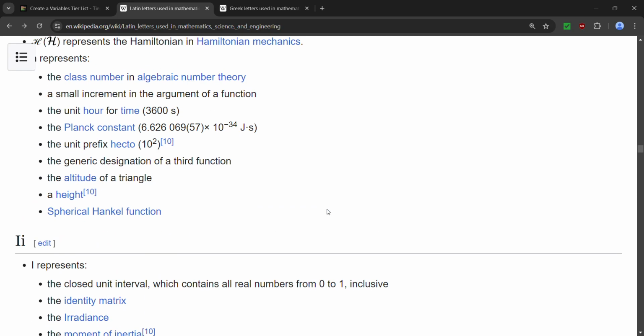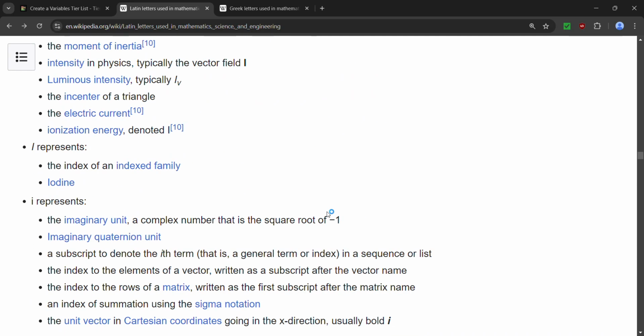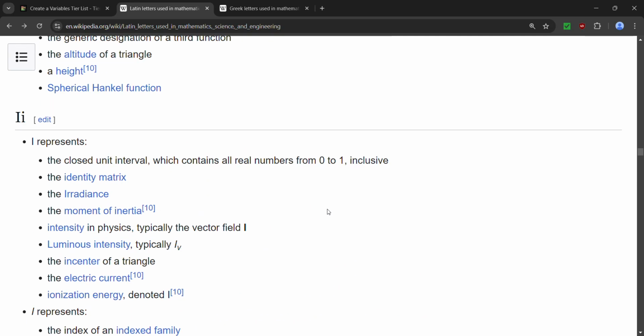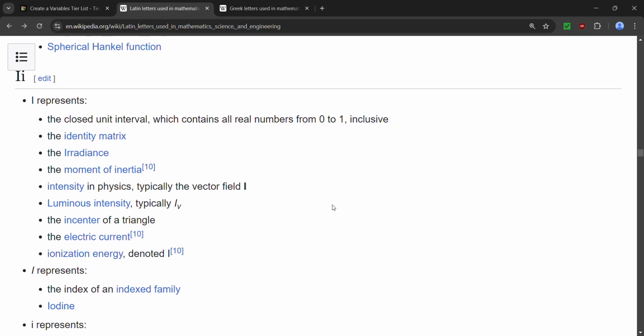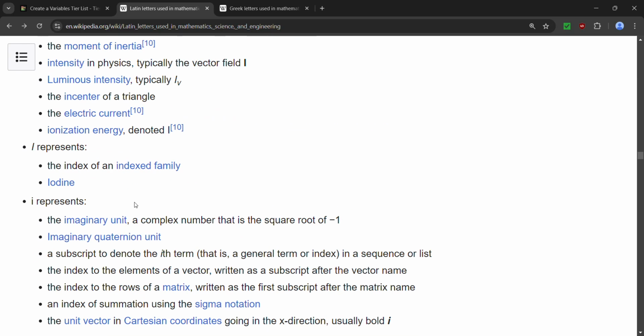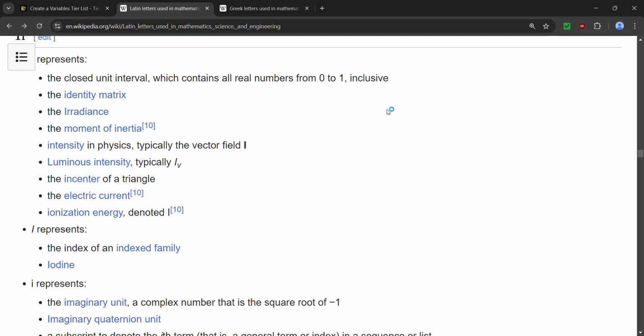Okay, I try not to use I just because it looks like a one, but I'm sure there's some imaginary numbers right off the bat, right? That's pretty important. The identity matrix, intensity, current. These are pretty good arguments, actually.